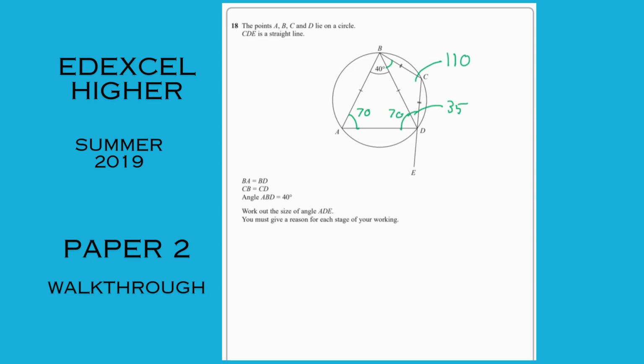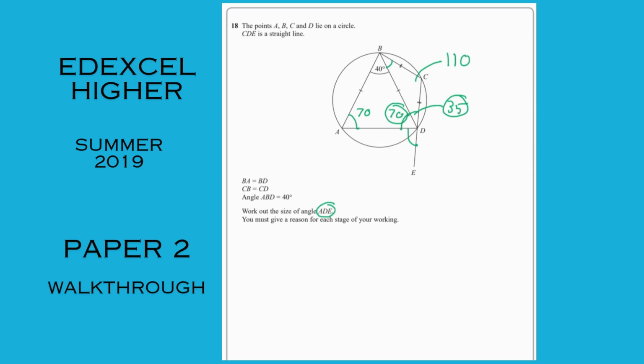Why does all this help? Because we wanted angle ADE. That angle there. And by working out the 70, by working out the 110, which told us the 35, we now finish off.